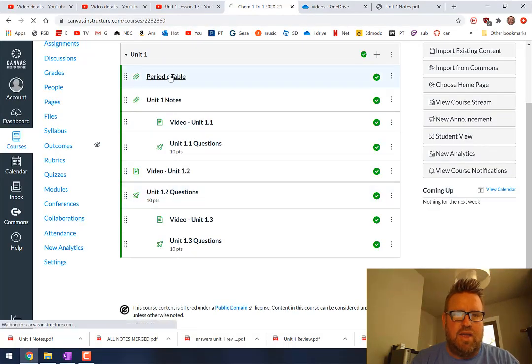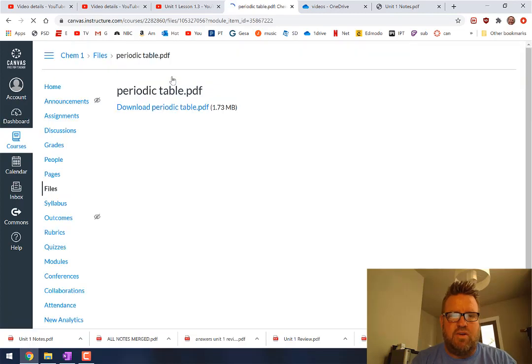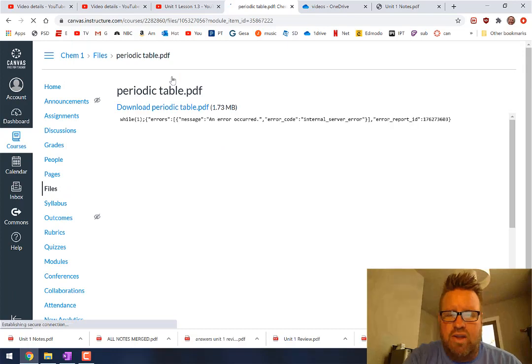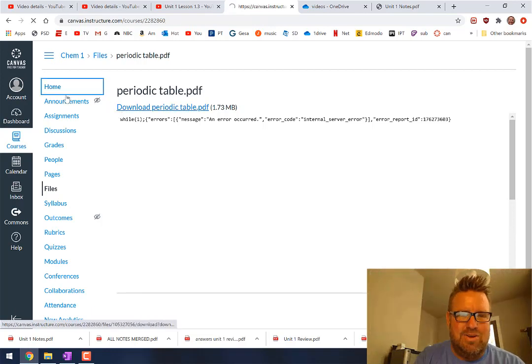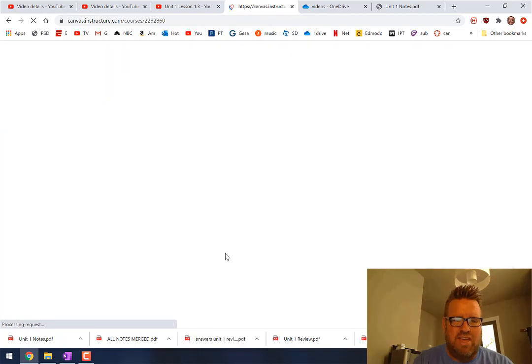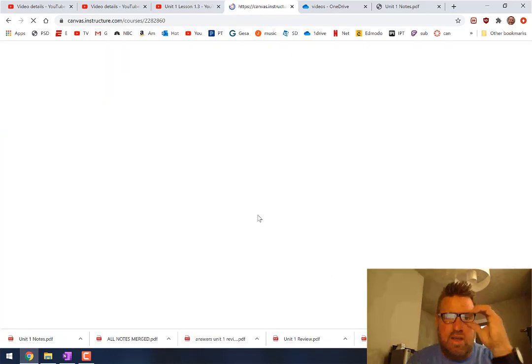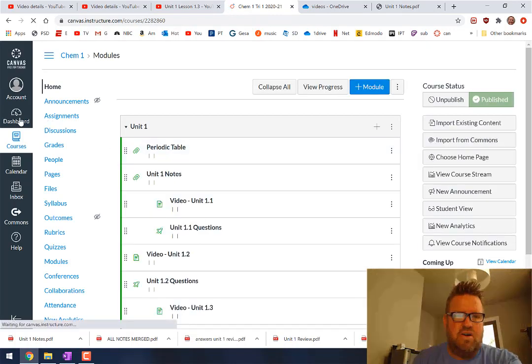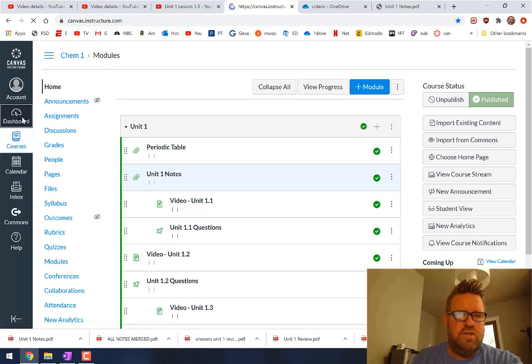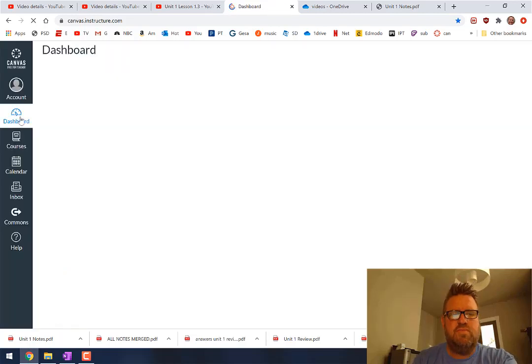So we are going to come back here. We're going to go to the periodic table. I think this is actually for regular chemistry, but it'll work just fine here in Canvas. So selenium, oh, that's great, error. All right, let's go to AP here, and we'll see if we can get the periodic table off of that. Unless, of course, Canvas is down or just moving horribly slow. Looks like it's just moving really slow at the moment.